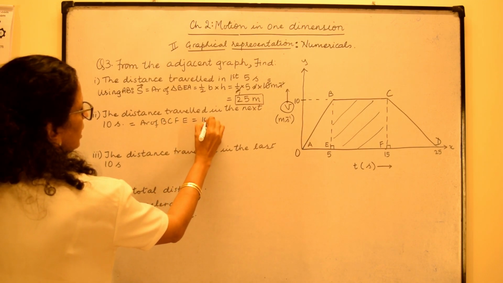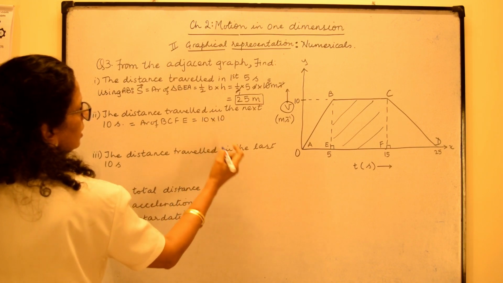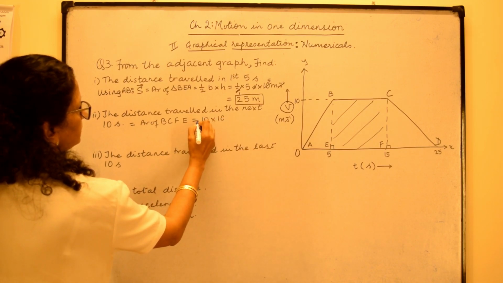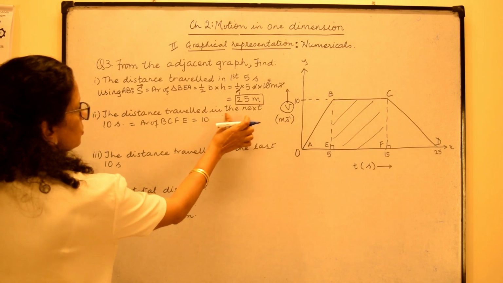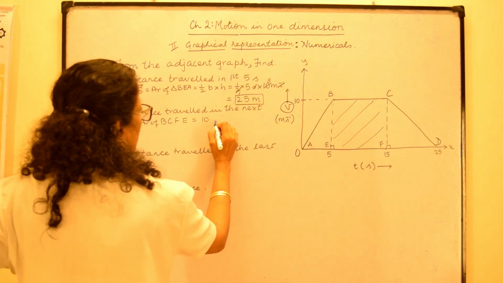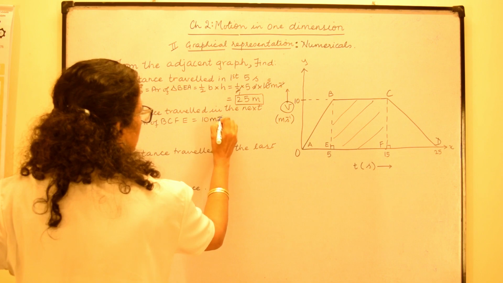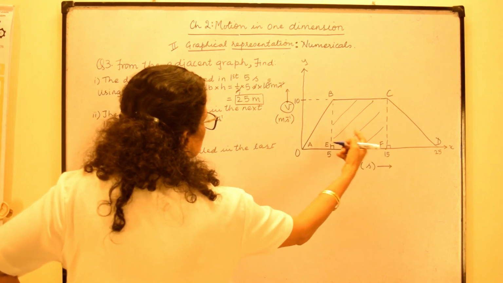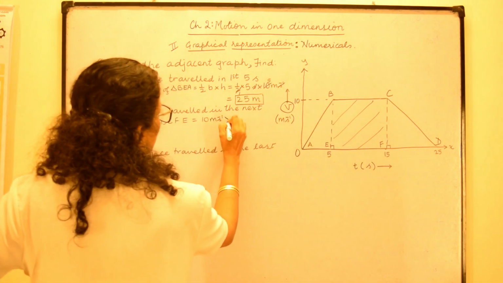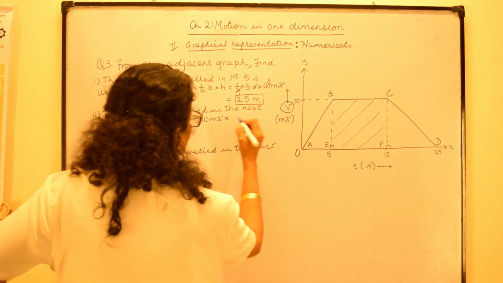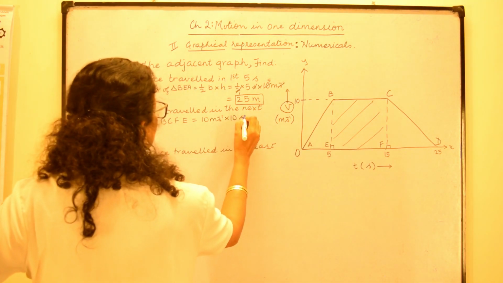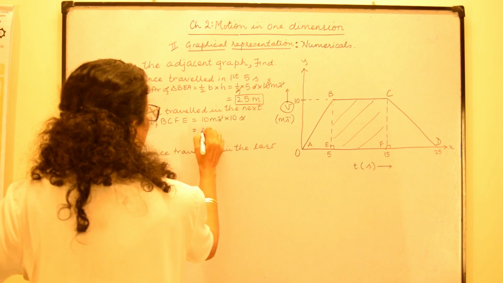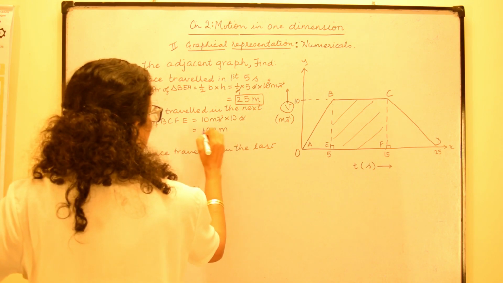That will be 10 into 10, 10 seconds. Let me just put the units also. 10 meter per second, that is from here to here, multiplied by from here to here, this is 10 seconds, and that will give us 100 meters.